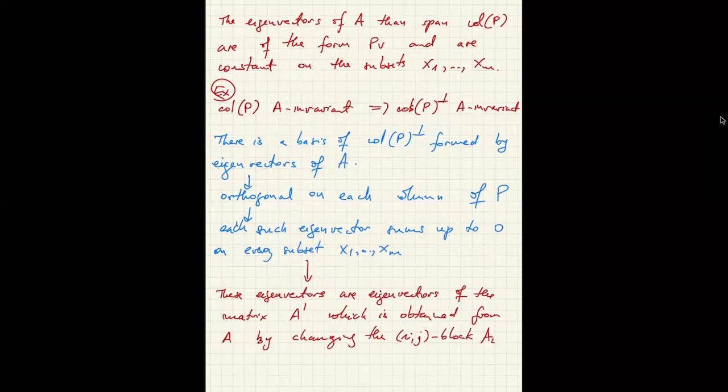I'll explain in a second what this is. Aij to Aij plus some constant Cij times the all-one matrix Jij.